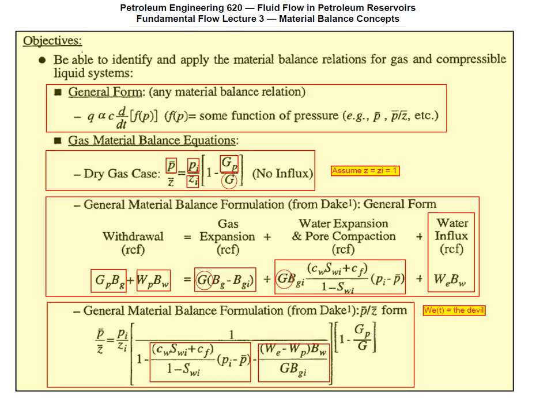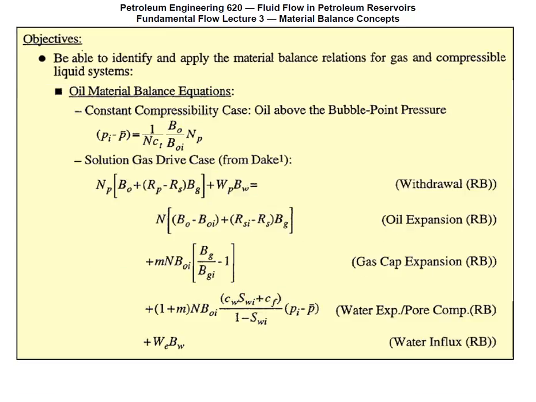Okay. The next is the oil material balance equation. The oil material balance equation for constant compressibility oil above the bubble point, which is the lazy case, is here. Again, these are the things we can measure. We can measure BO over BOI.